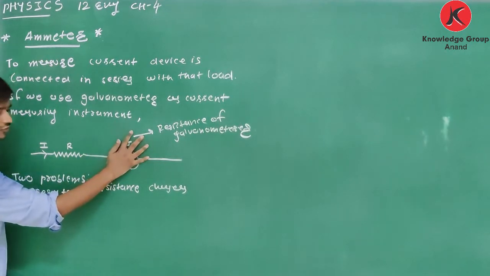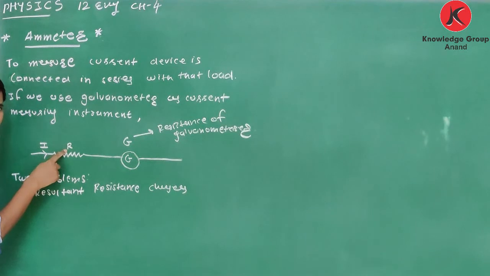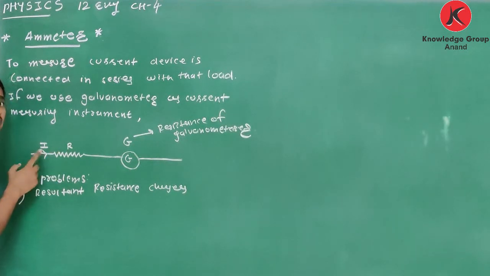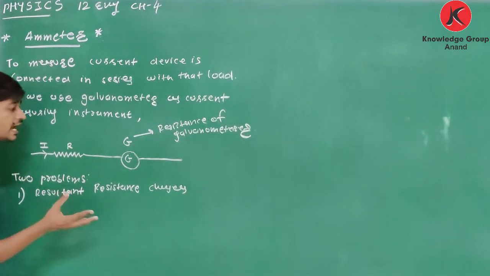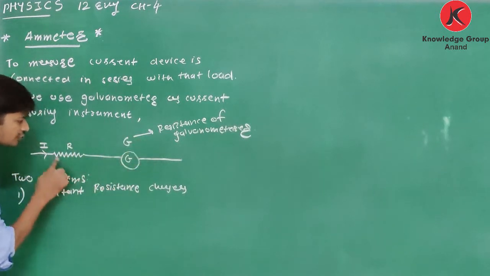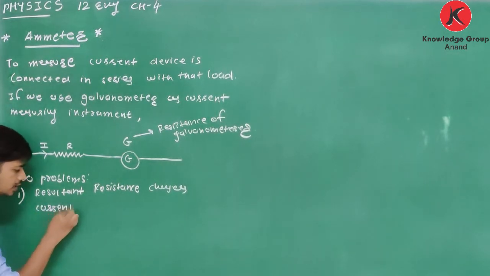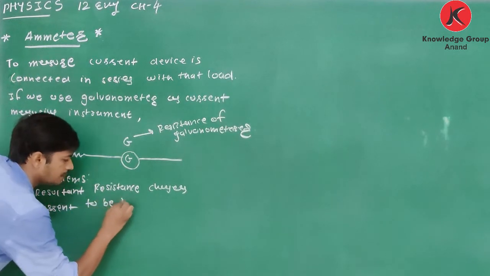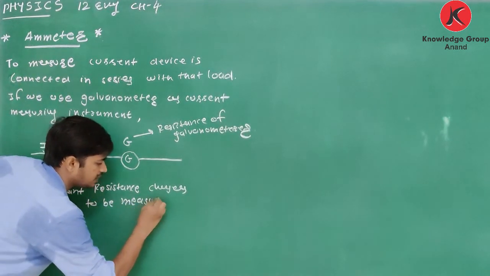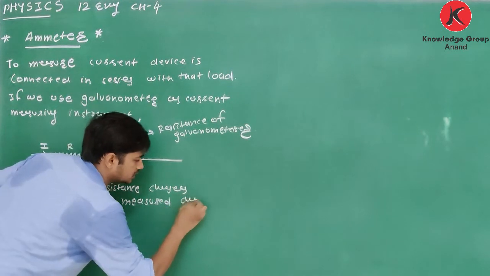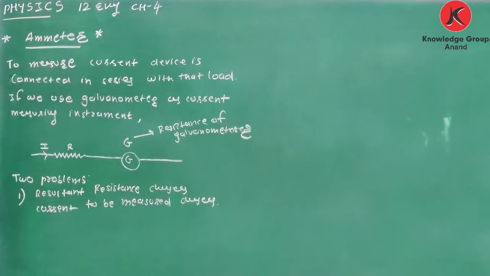Initially we have only resistance R, and the current flowing is I. Now if I add the galvanometer, the resistance of the connection increases, so the current I decreases. Then the current to be measured changes. Clear about this?